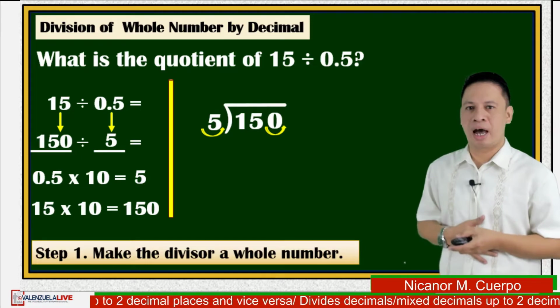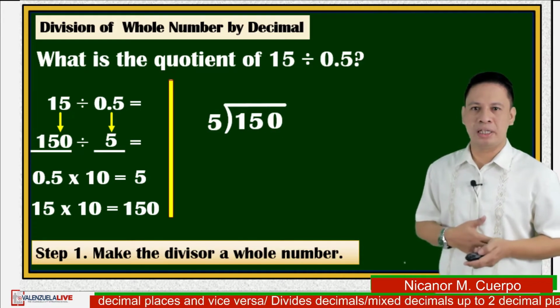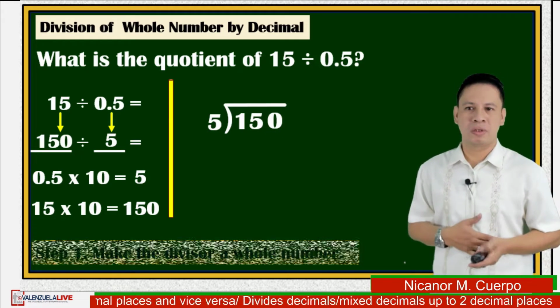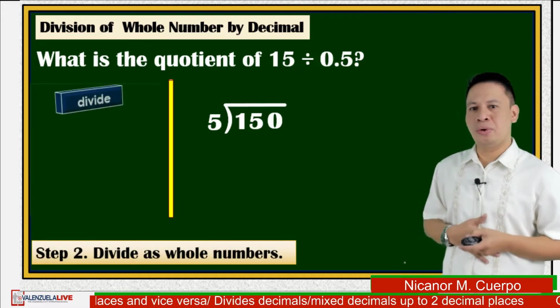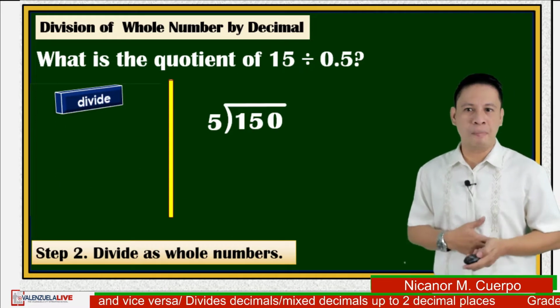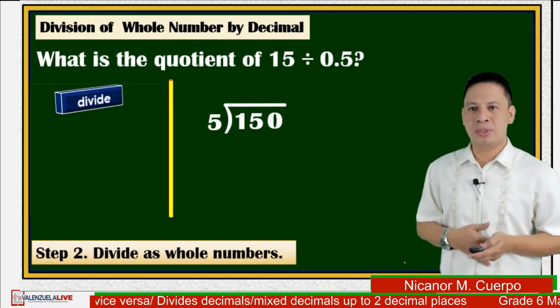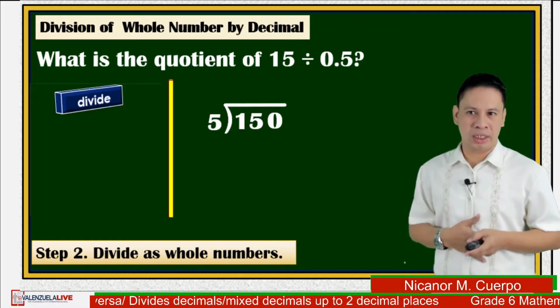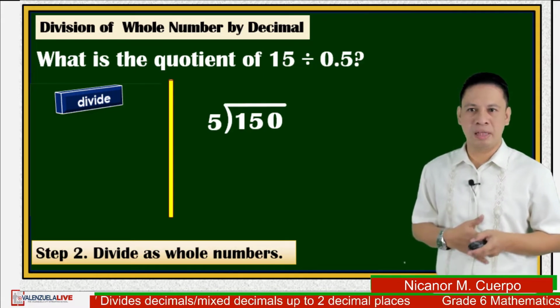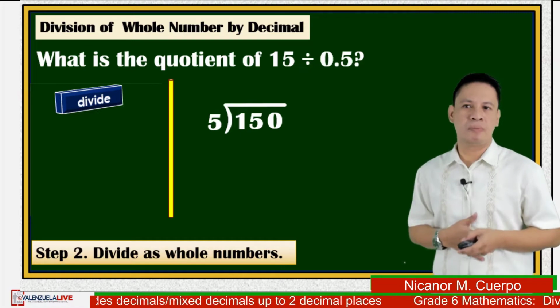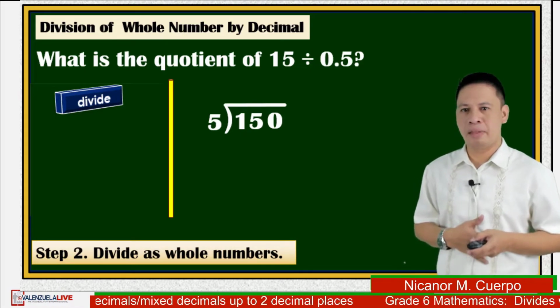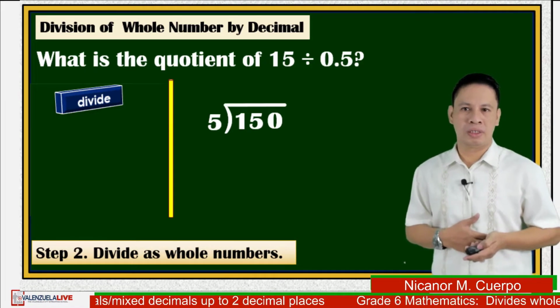So we'll now have 150 divided by 5. The next thing to do is to divide as whole numbers. We are going to use the DMSB strategy, wherein D is divide, M is multiply, S for subtract, and B for bring down. Let's do it.